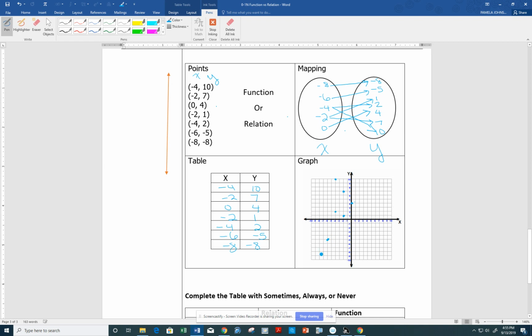And -8 and -8. Okay, so there's our mapping, our table, and our graph.